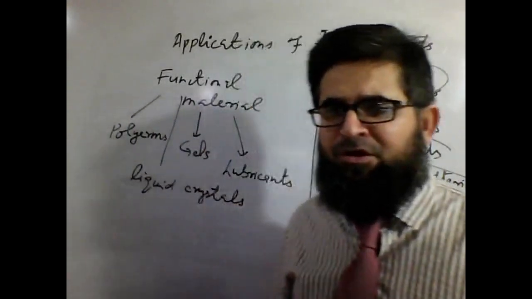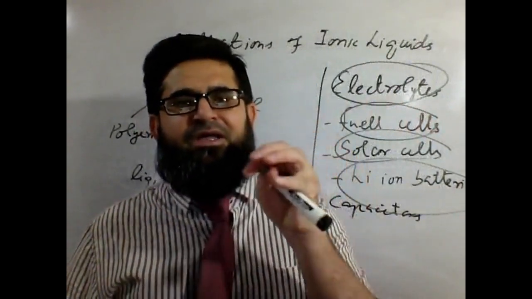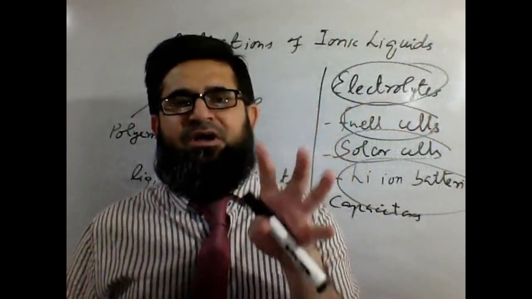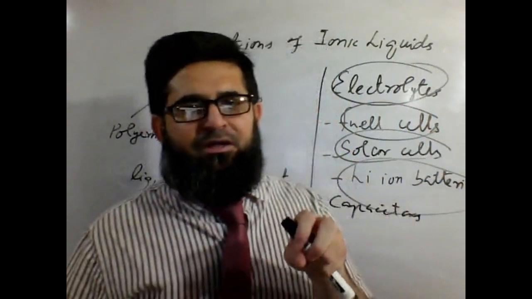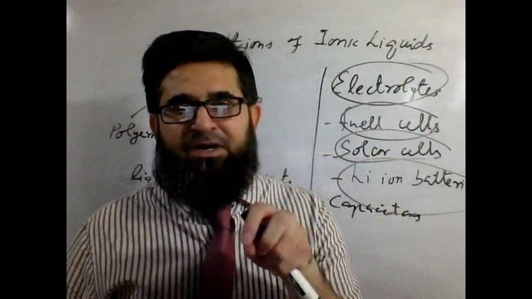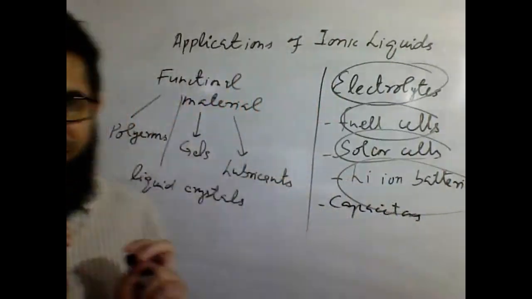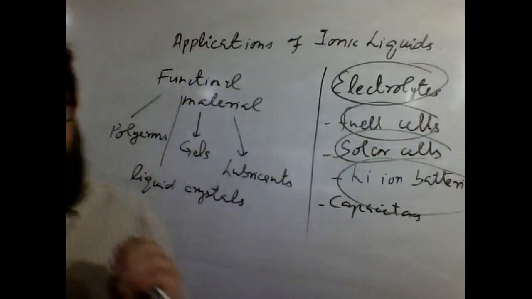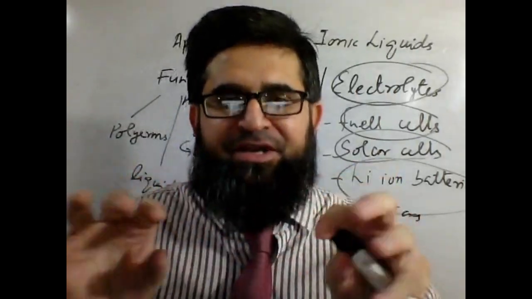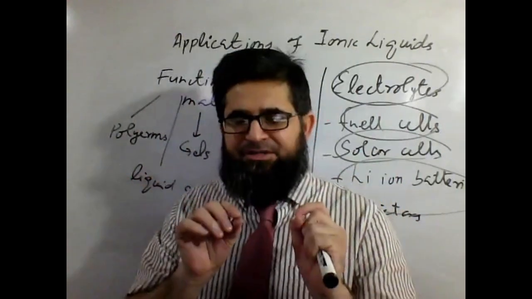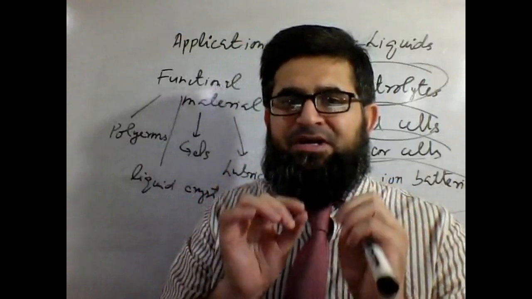I've told you the organic cations and the organic anions could be mixed together, or organic cations could be mixed with inorganic anions. This is how we can prepare a range of ionic liquids with different properties, different thermostabilities, different electrical properties.